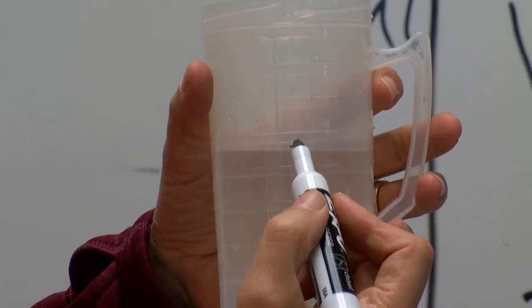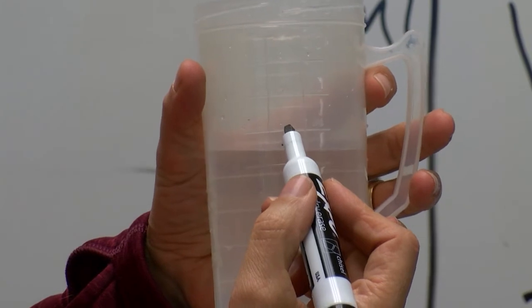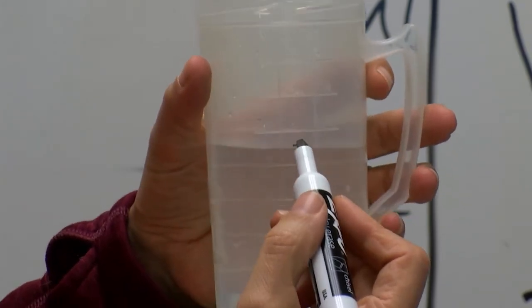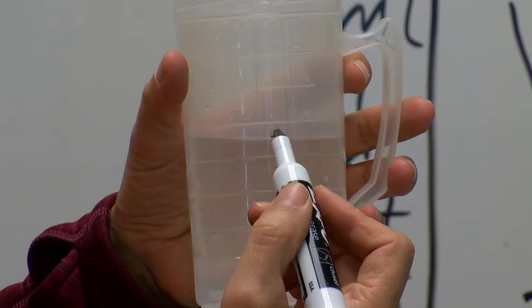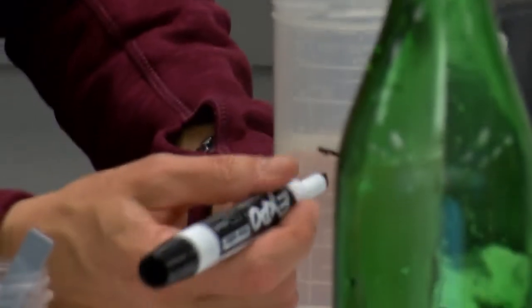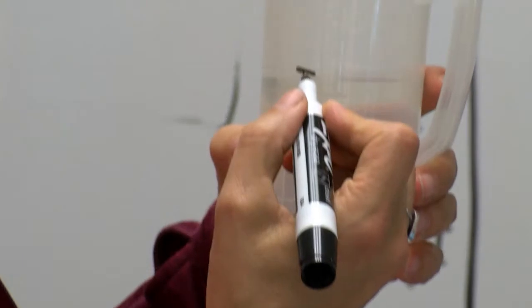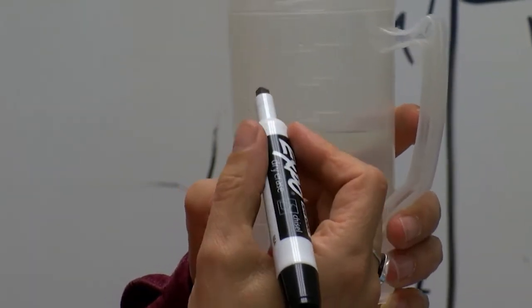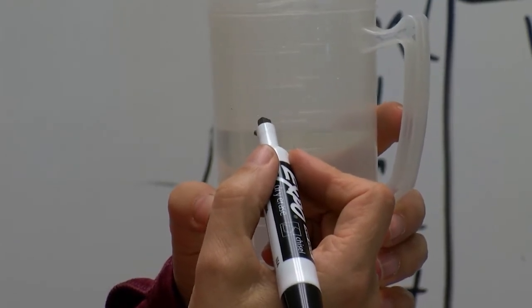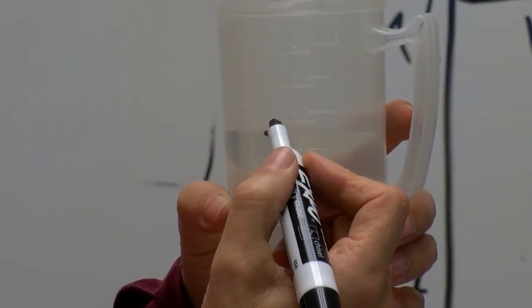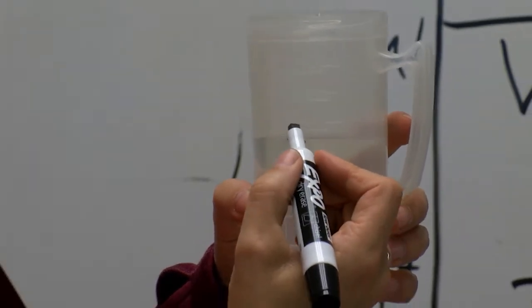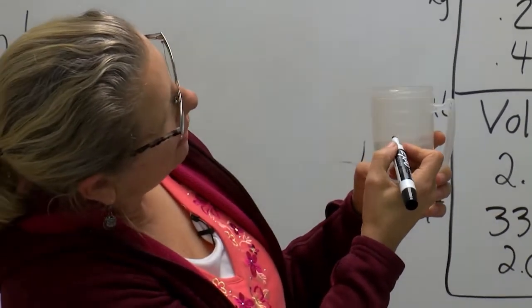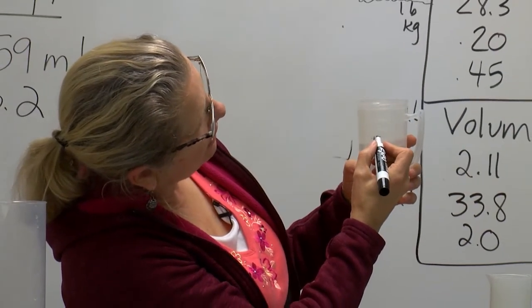So this is 0.5 of a pint, and that is 0.75, so that would be 0.25 more, so 0.625 here.